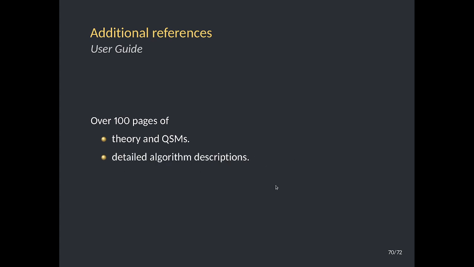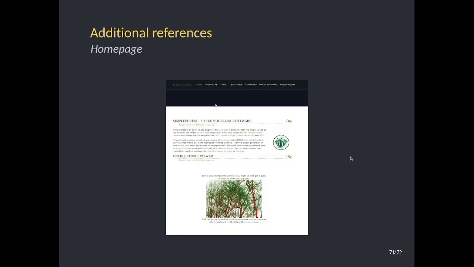I have added detailed algorithmic descriptions, and I discuss all parameters which the user can adjust. So if you read these over 100 pages, you get all the details to modify and get the best accuracy out of it.